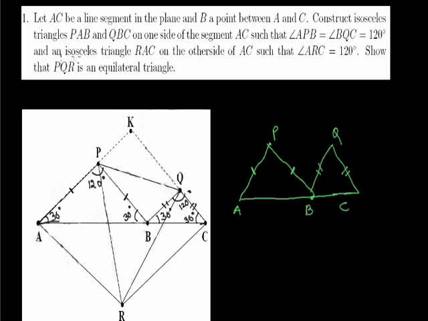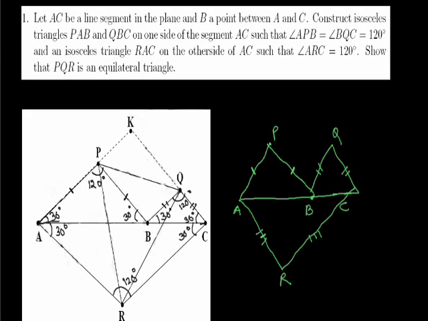Now I have another isosceles triangle RAC on the other side of AC. This is point R. As it is an isosceles triangle, I'm marking like this. In the main figure, as this is given 120 degrees, automatically these two angles become 30 degrees and this is also 30 degrees.